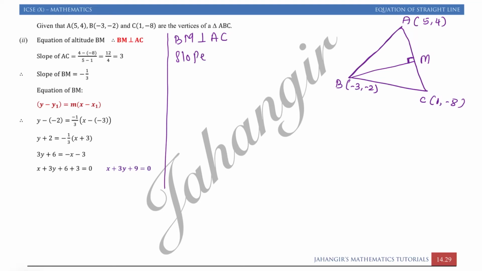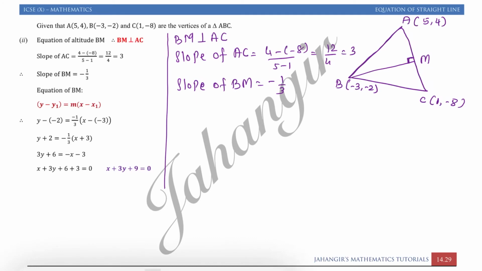Slope of AC is (4 - (-8))/(5 - 1) = 12/4 = 3. Since BM is perpendicular to AC, the slope of BM is the negative reciprocal of the slope of AC, that is -1/3.